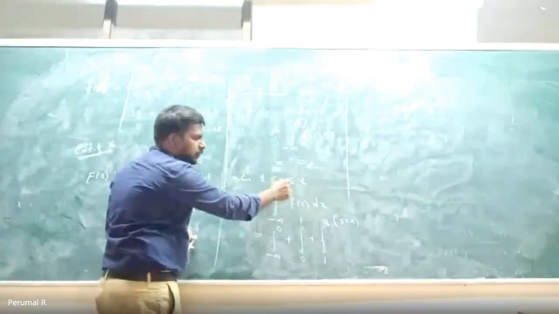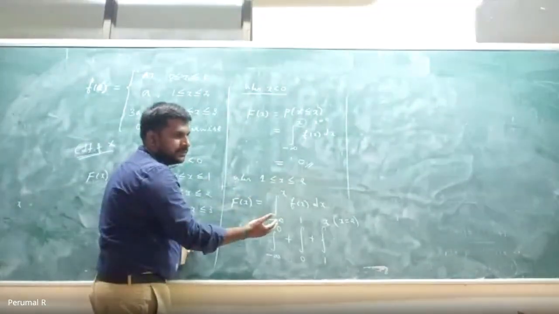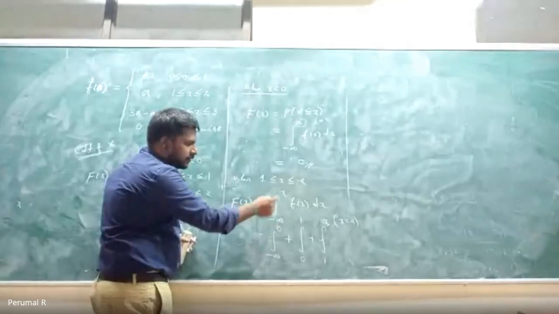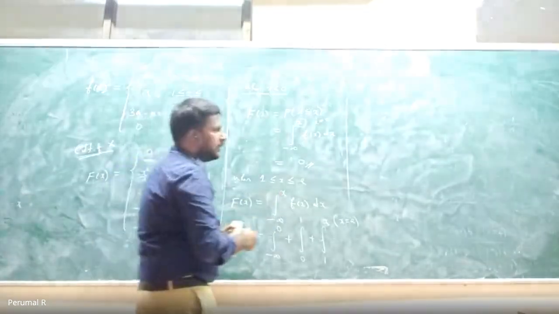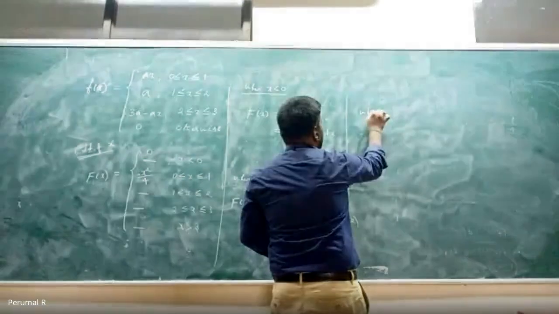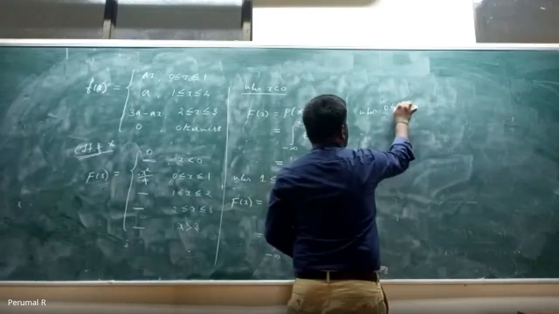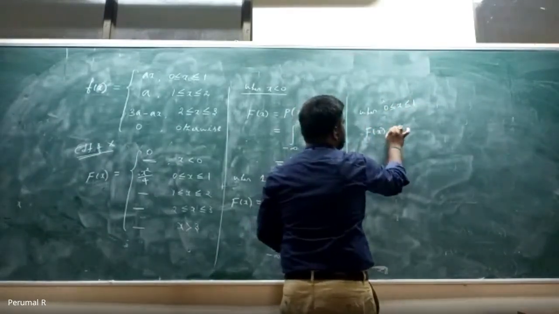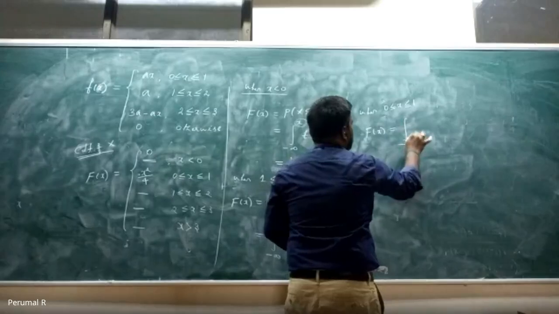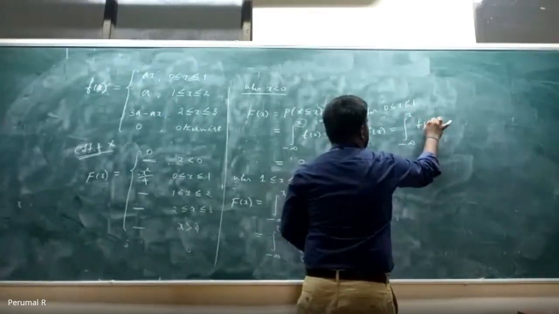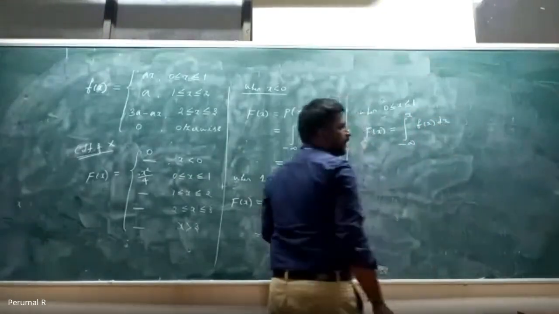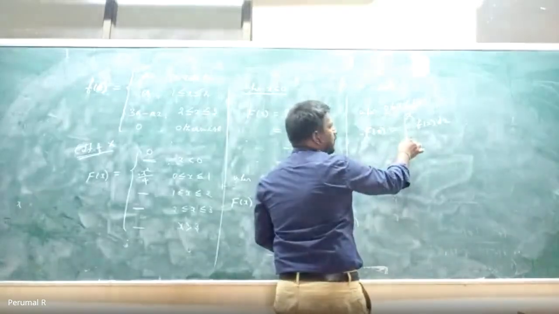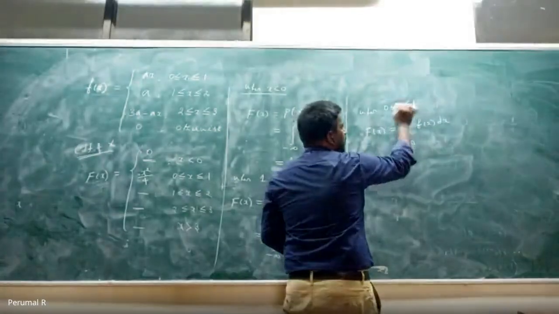Sir, before you said only 1 to 2, no? Sorry, sir. Actually, for 1 to 2 we can't move directly, because your formula becomes minus infinity to x. Previously we had 0 less than or equal to x less than or equal to 1, where f of x is minus infinity to x of f of x dx. Here we can go for the interval 0 to 1.